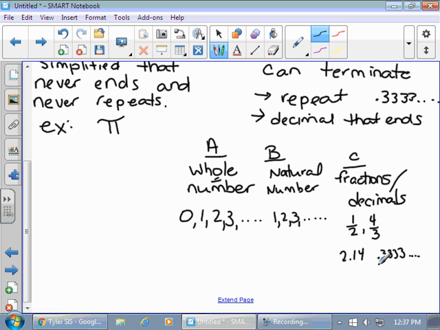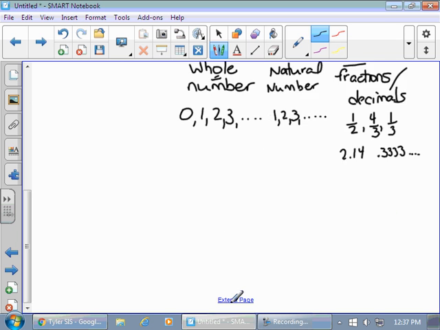That's one of those decimals that never end but repeat. 1/3 is also one of those, because when you change him to a decimal, what happens? He repeats, correct? Now I'm going to have to go underneath as well.